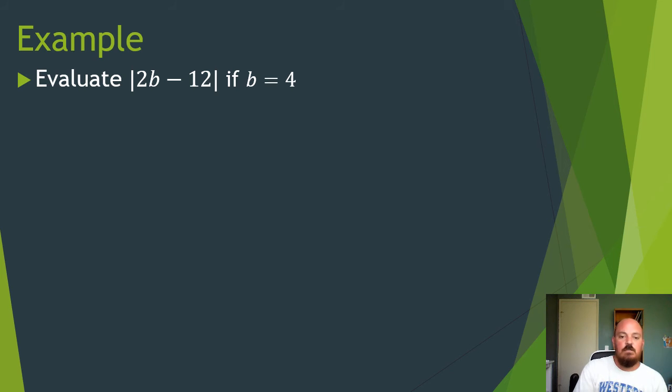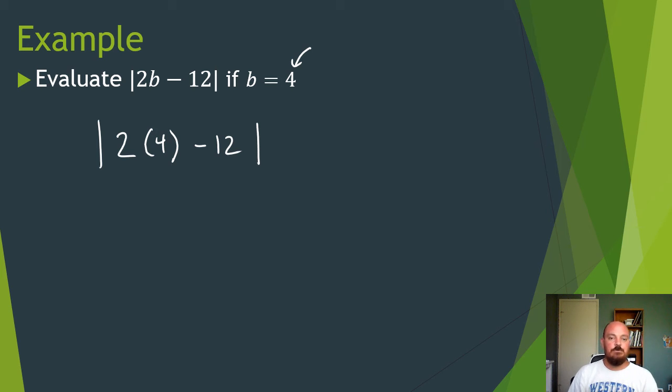So let's do that. Let's start by recopying the problem, but instead of b, I'm going to substitute 4. So instead of 2b, I have 2 times 4. We'll leave the minus 12, and the whole thing's an absolute value. So now inside, I'm going to do order of operations. I have 2 times 4 minus 12.